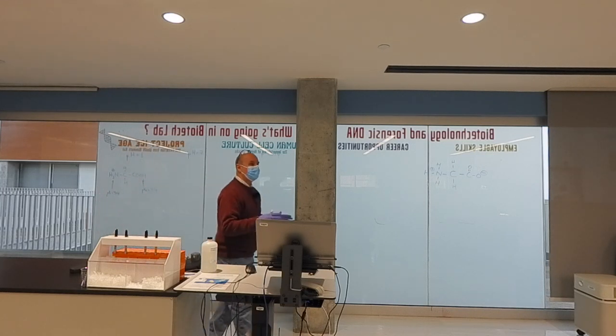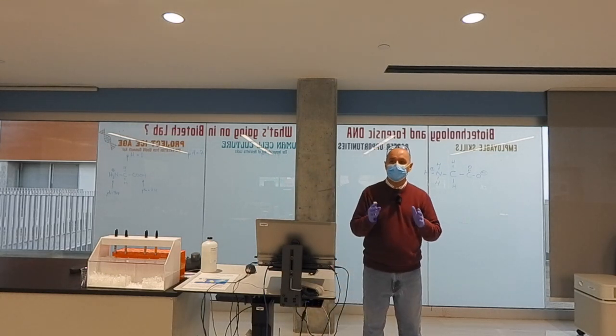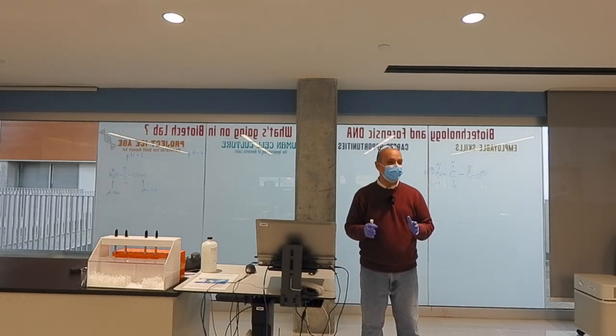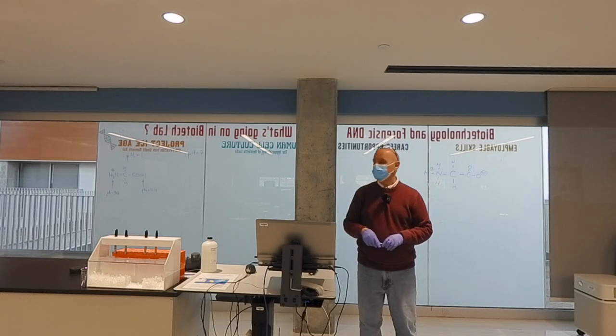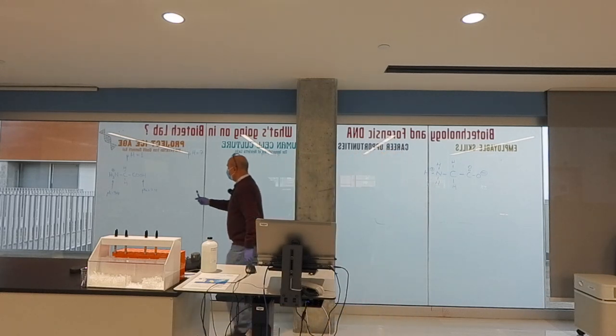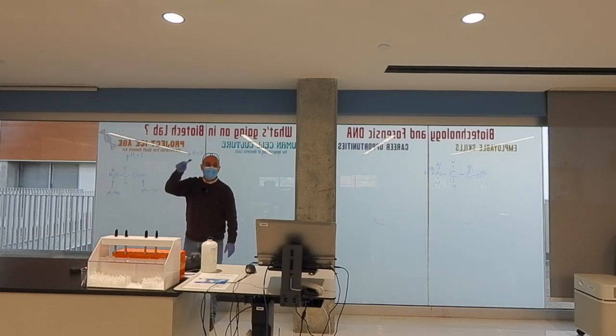I told you earlier that a buffer is really good at a pH value equal to its pKa, right? And then plus or minus 1 or 2 pH units away from that is still buffering. Well, at a pH equal to the pKa, the amount of COOH and the amount of COO minus is equal, 50-50.